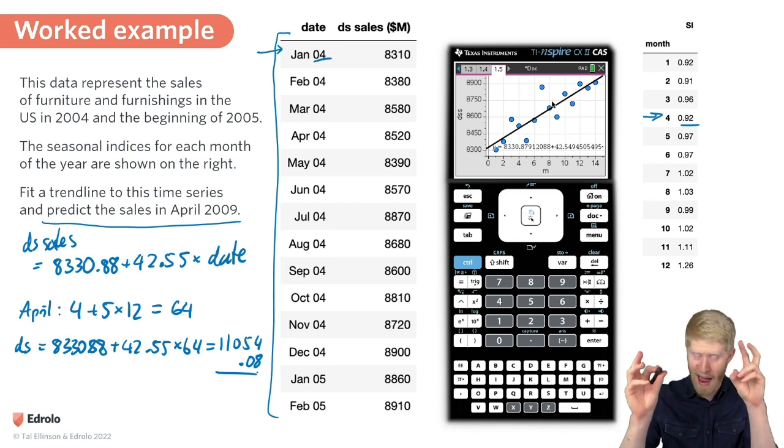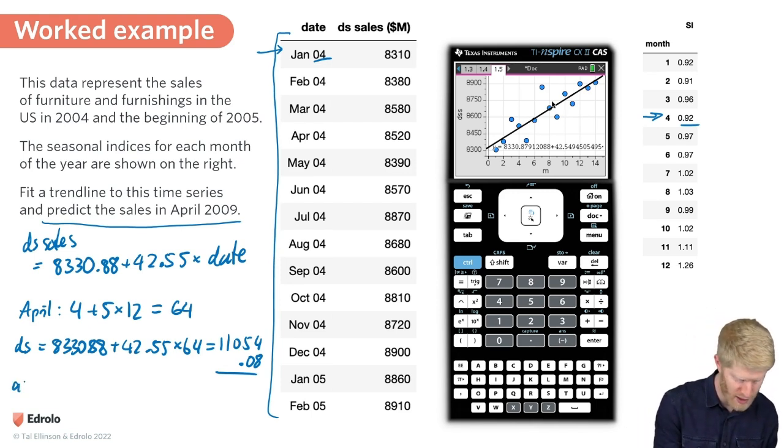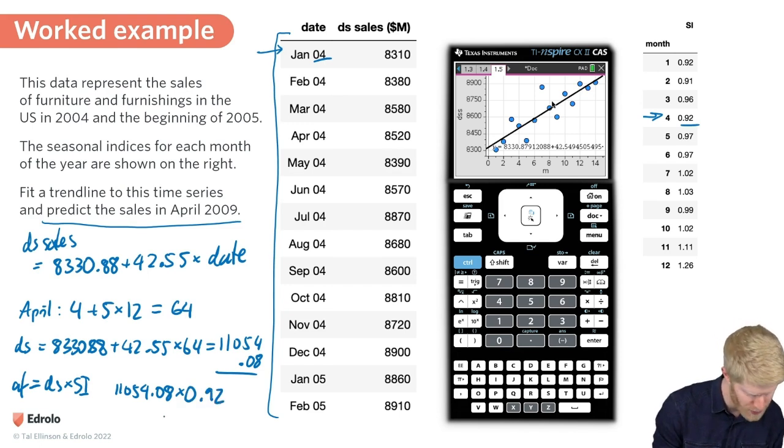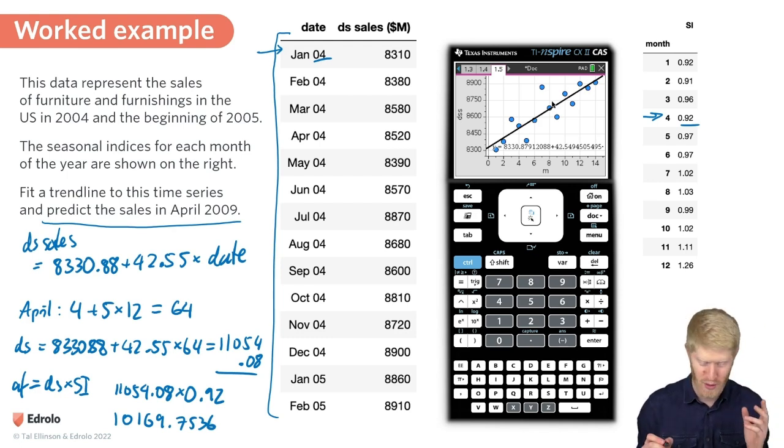Our prediction for the average is this prediction over here from the deseasonalized values. So to find our actual figure, we do what we always do, deseasonalized figure multiplied by the seasonal index, and we get 11054.08 times 0.92, and that gives us 10169.7536 as our actual sales.